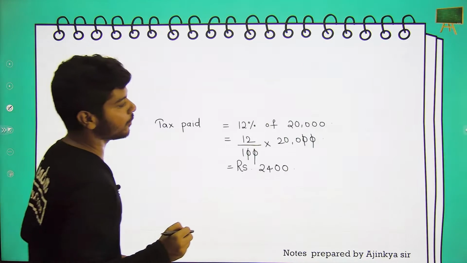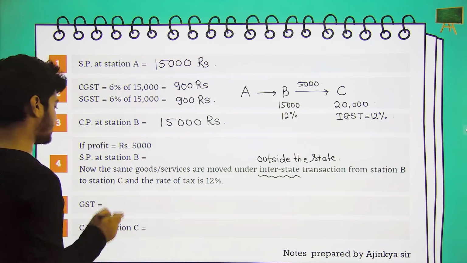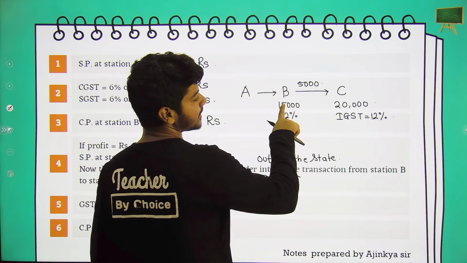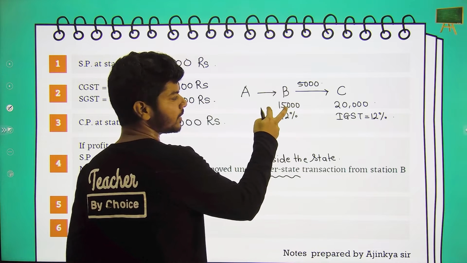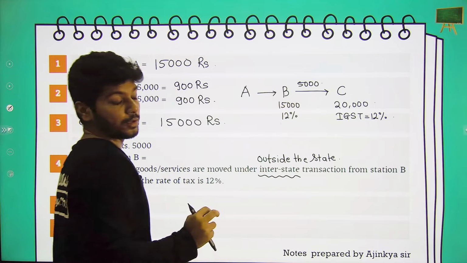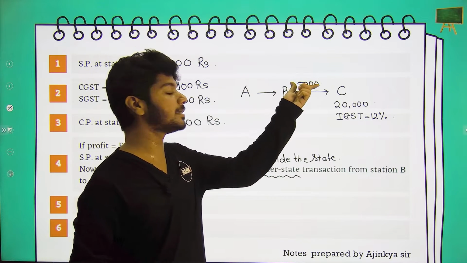Now we have already calculated the tax. Now let's see what they are asking. Selling price at station B. See, this is the cost price plus profit, 15 plus 5. This is the cost price at station B, and this is 5,000.